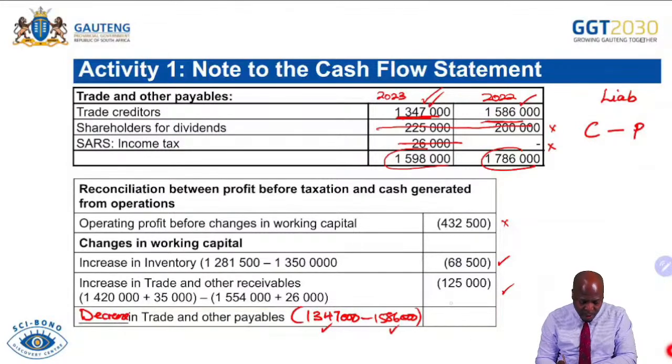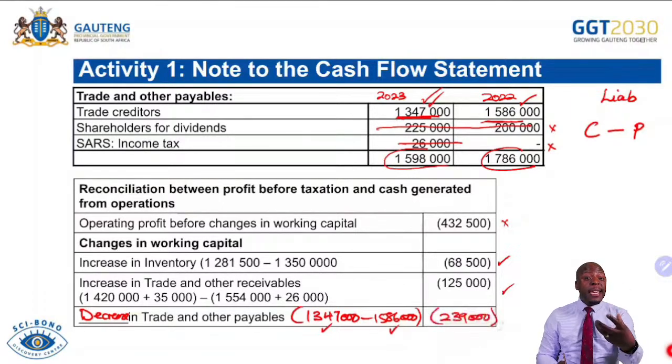All right, thank you. Someone is saying, Mr. Simbi, I have 239,000. Now, I'm going to ask you this question again. If you just say 239,000, is that correct? No, because on your calculator, what do you see? You see a minus sign. A minus sign simply means I must put brackets. So if my trade and other payables, the individuals or the businesses that I owe, are decreasing, what does that mean?